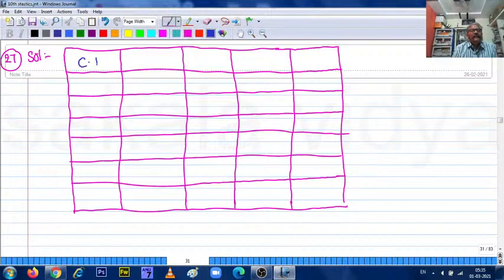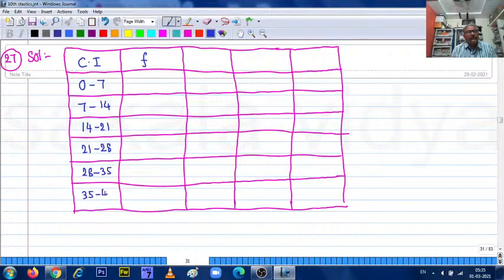This is class interval, this is frequency. You might have observed here, what is the class size? 7, obviously 7 minus 0, 7.